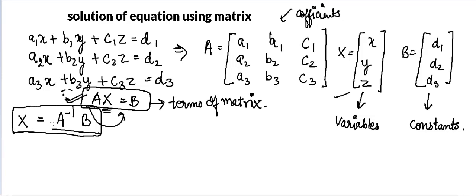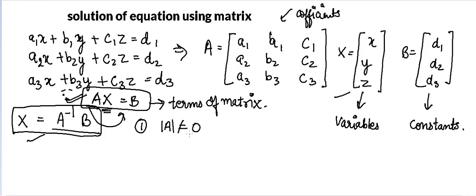Okay, so this is how you are going to find the solution of any equations. Okay, so there are some conditions, right, which will make you understand how many solutions are possible. It will have a unique solution, it will have two solutions, or there exists no solution. So there are certain conditions that you have to keep in mind, right? So the very first condition says if determinant of matrix A is not equal to 0.